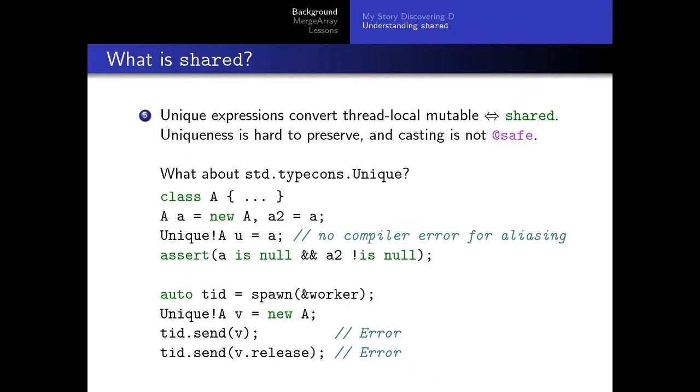Yeah. So if you've looked in Phobos, you might know that there's std.typecons Unique, which is a template class that's supposed to be able to wrap a type and give you a value of it that's supposed to be uniquely held.